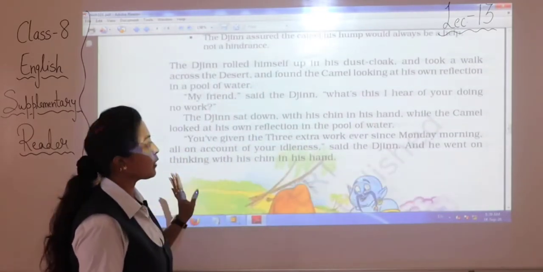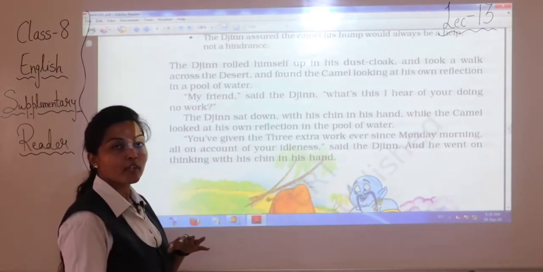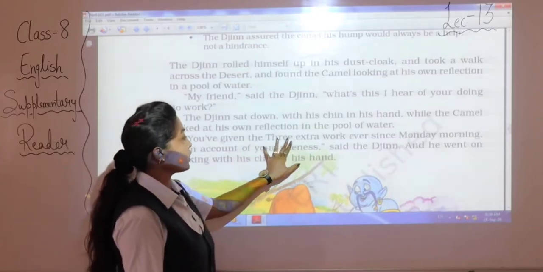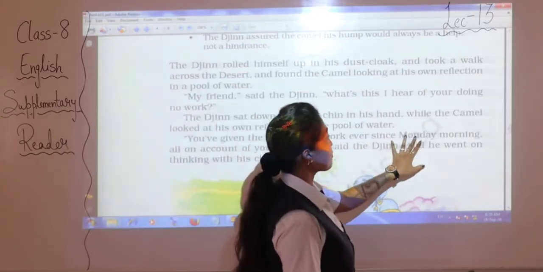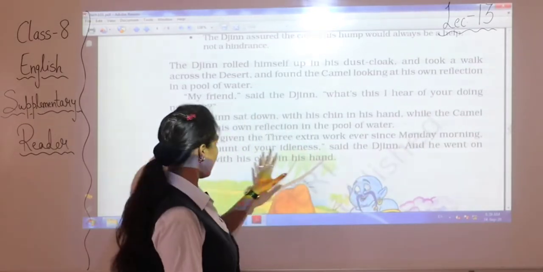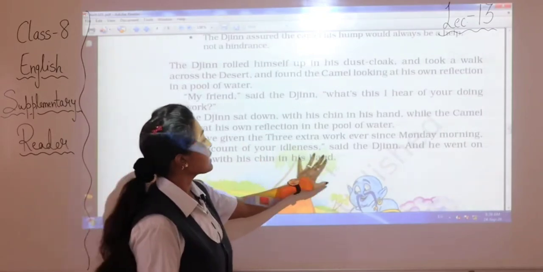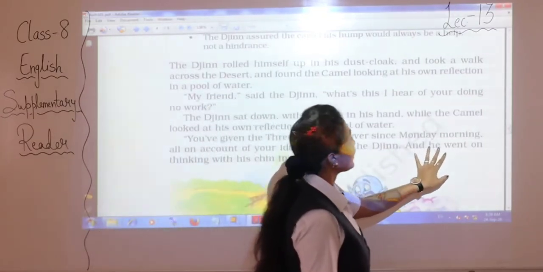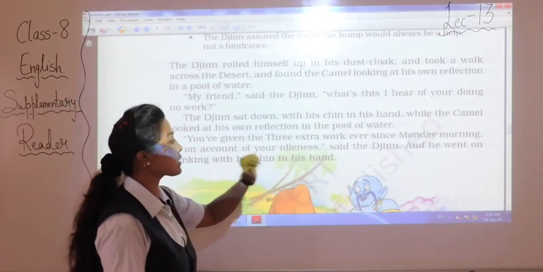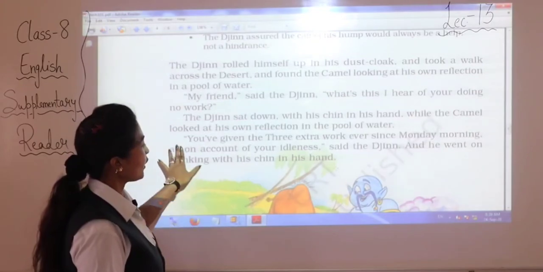At that time the camel is busy seeing his own reflection. "You have given the three extra work ever since Monday, all on account of your idleness," said the jinn. And he went on thinking with his chin in his hand, the jinn is thinking.